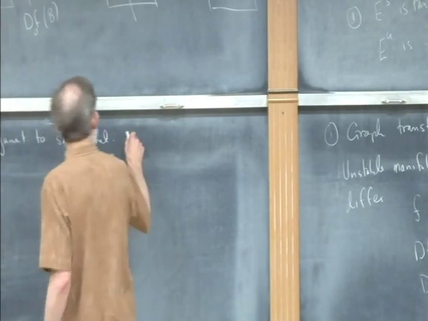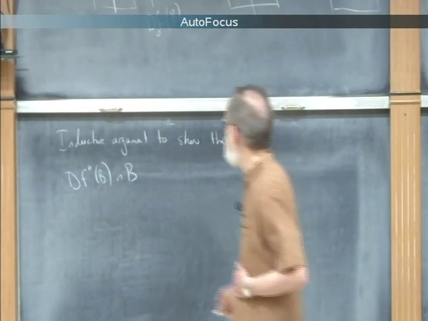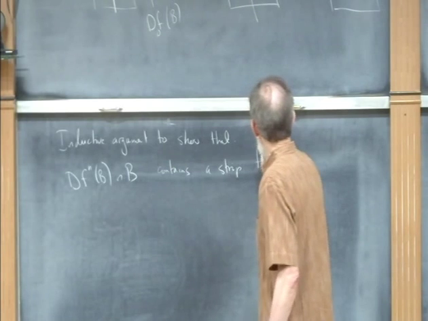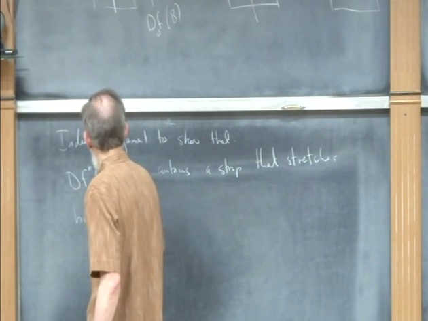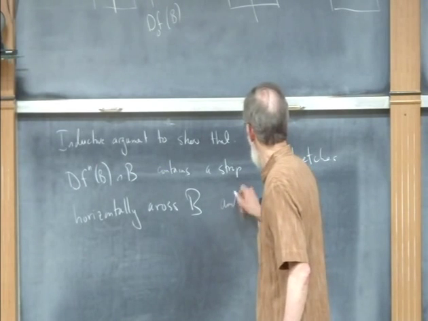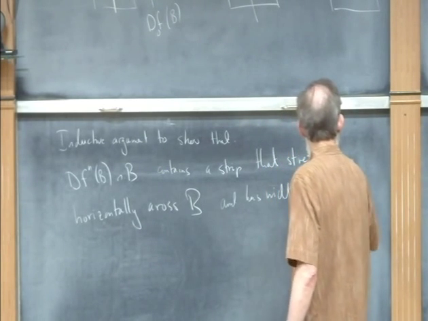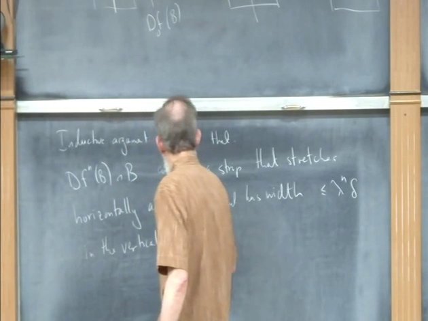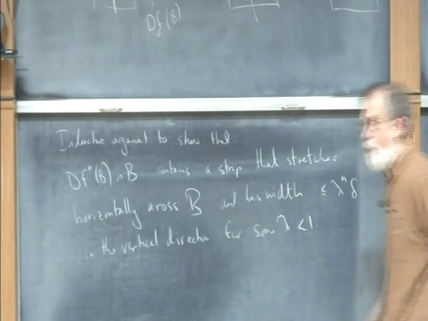That sort of D f to the n of B intersect B contains also a strip and has a width less than or equal to lambda to the n times delta in the vertical direction, for some lambda which is less than 1.